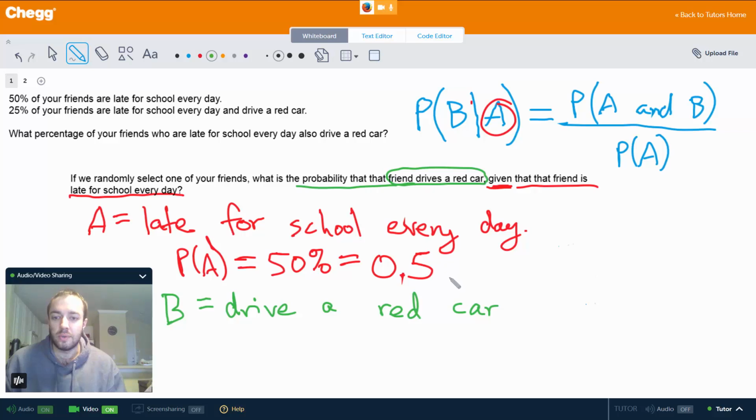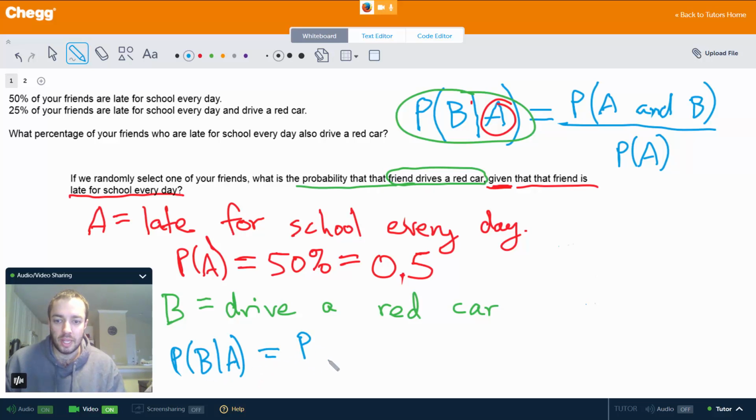Okay, so now that we've identified events A and B, and we know what P of A is, we have to find P of B given A. So let's go ahead and do that. So P of B given A is equal to P of A and B divided by P of A. Now we've already talked about how P of A is 0.5.